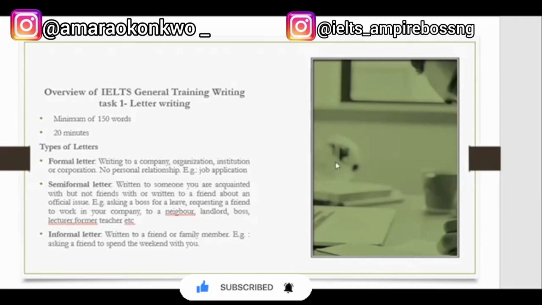And then informal letters are very easy to identify because they're basically letters that you write to your friend. In IELTS, it's mostly about maybe a holiday. You and your friend planned a holiday, but due to a particular issue that came up, you cannot go.